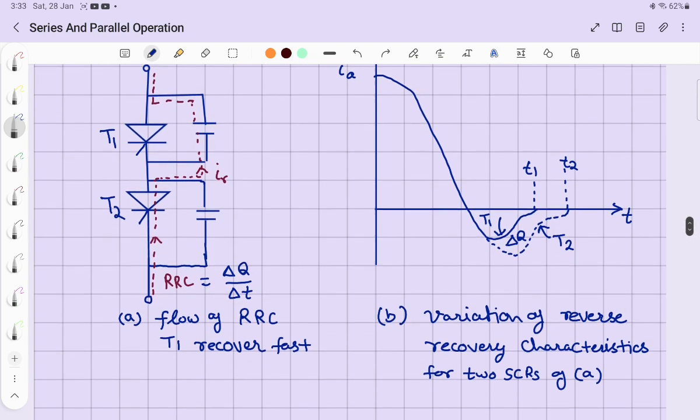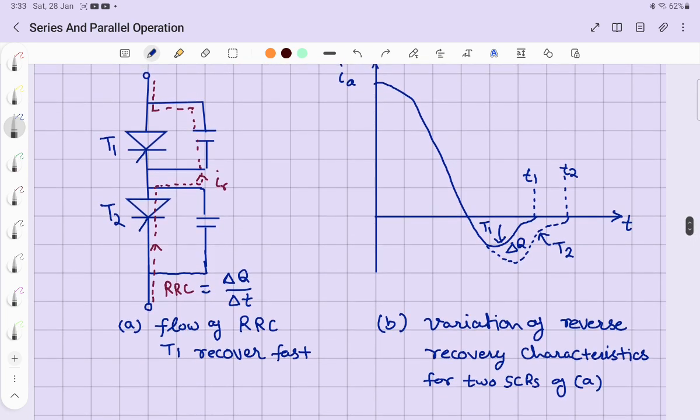So for simplicity, let us consider two thyristors T1 and T2. T1 recovers first at instant T1, whereas T2 recovers after some time.